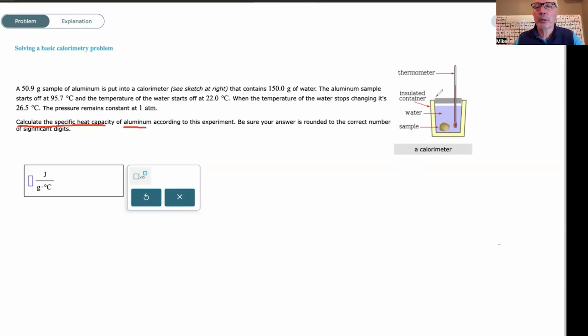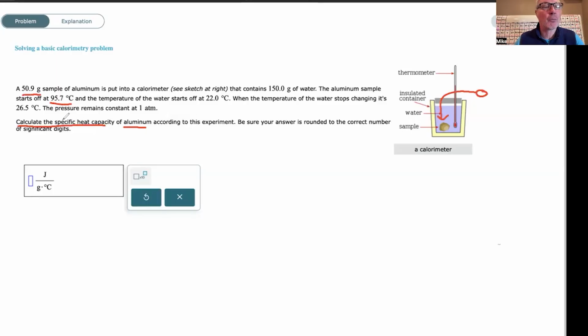But basically what we're going to do is take this sample and plunk it into some water. And there's going to be a temperature change because the sample is warmer. There it is, 95.7 degrees, so almost boiling.